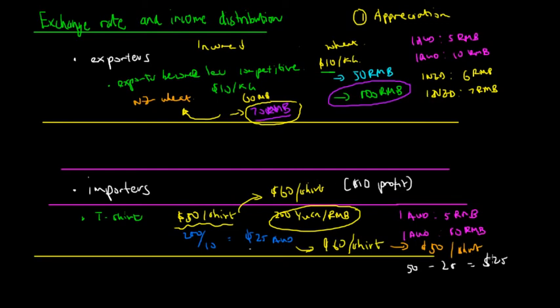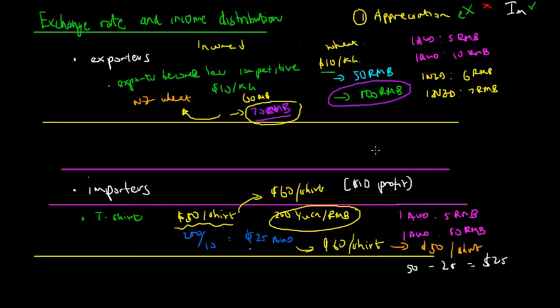So their profit has increased by $15, all because the Australian dollar has appreciated. So in conclusion, when the Australian dollar appreciates, exporters are worse off in their income, whereas importers are better off with their income.